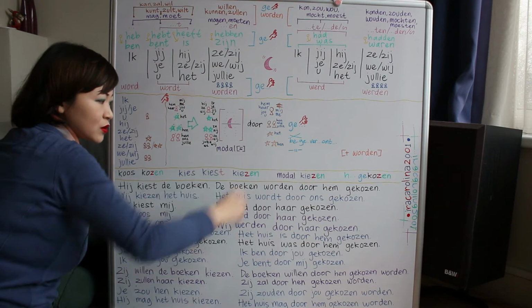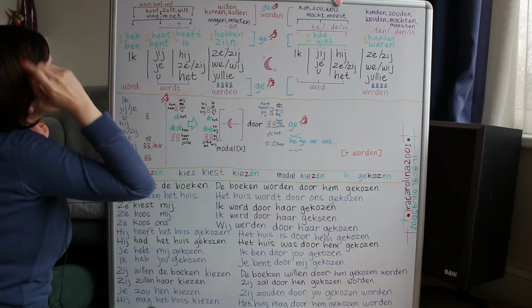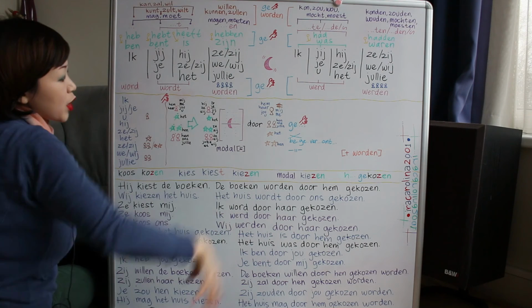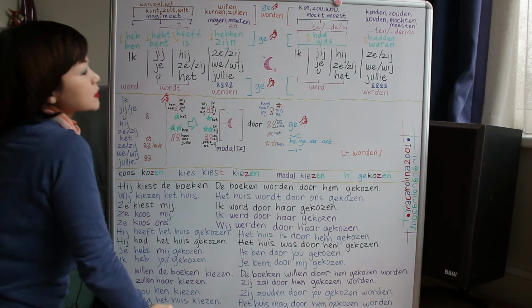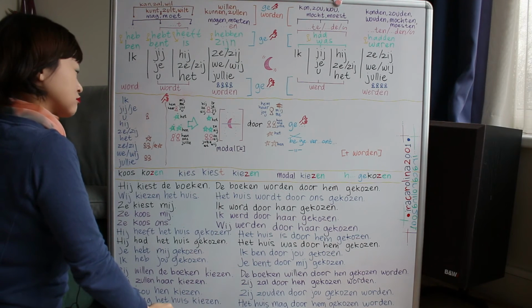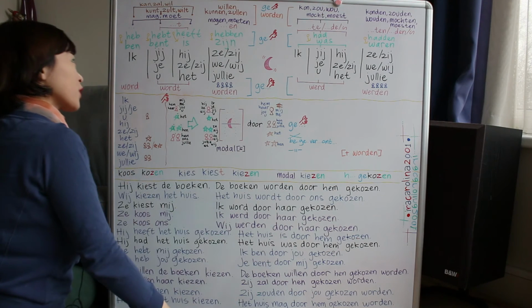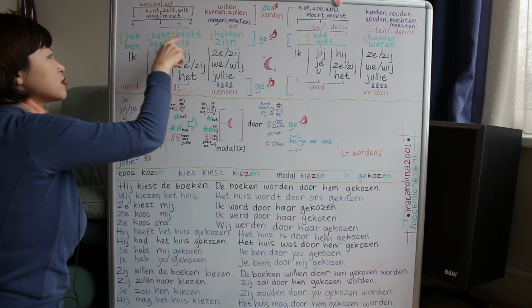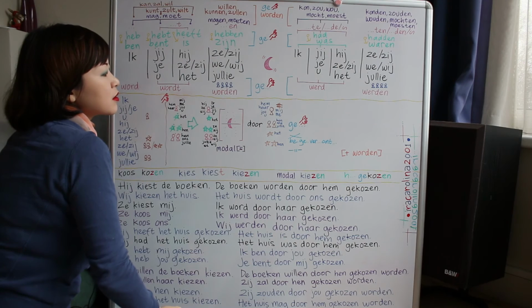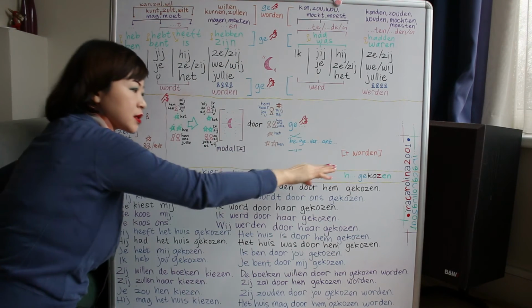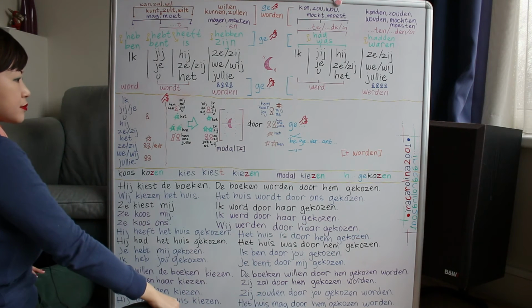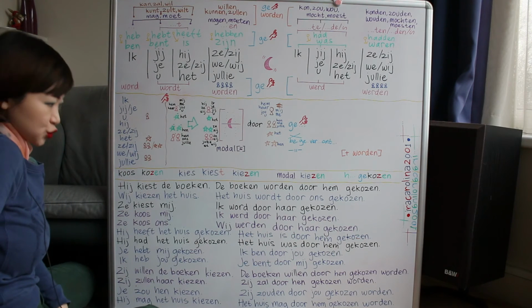With modals, we use the modal word, and we use kiezen. For the ge-something, we use ge-something, and then gekozen for choose.